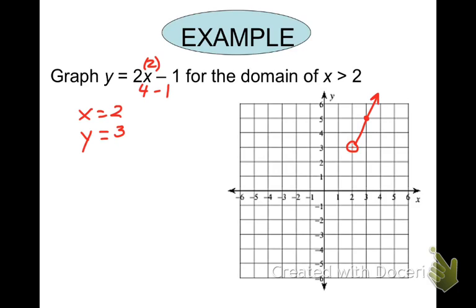Connect. If I did it backwards, don't do this in your notes because this is not right, it would just be the whole entire line, right? But I just want a piece of that line where my domain is larger than 2. Is my domain larger than 2 there? Sure. Let's flip it. What if I turn this into x needs to be less than or equal to 2? Then what part of the line would we have?